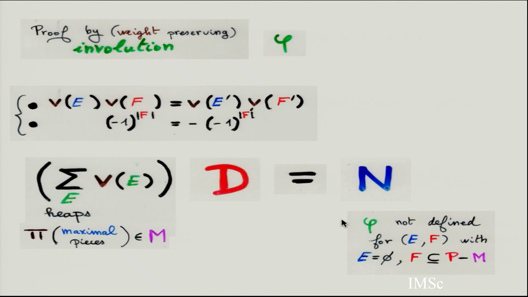Yes? If you rewrote this equation as, say, 1 over N times that sum is 1 over D. So 1 over N itself would be the generating function of all heaps for the poset P minus M. Right?